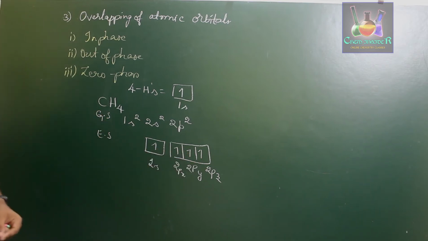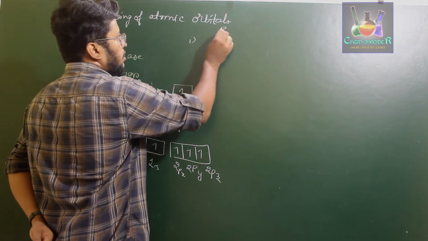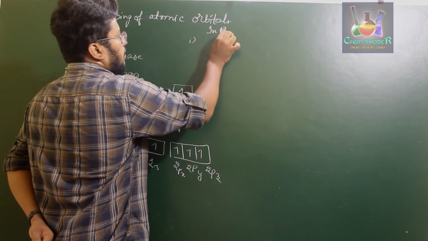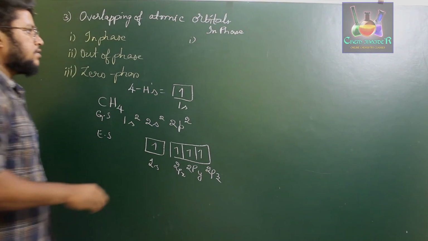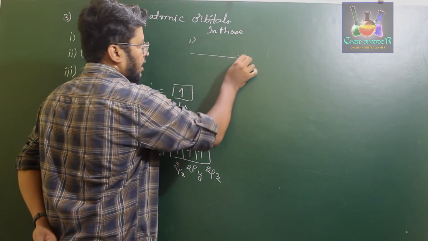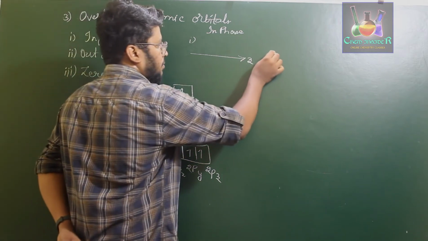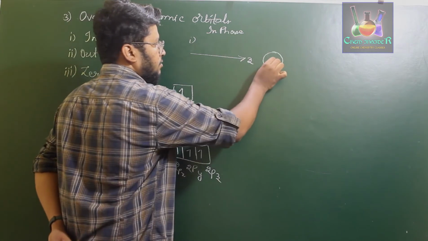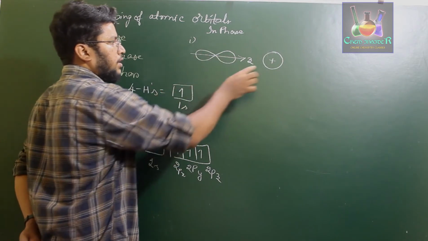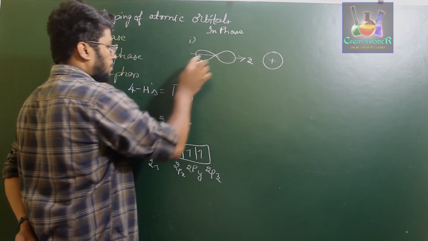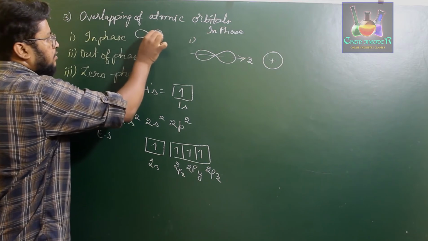In the first case, consider in-phase overlapping. Considering this as the z-axis, this will be the s orbital of hydrogen, and since it is in phase, what we have to observe is the positive of the s orbital and the positive of the p orbital. The p orbital has a positive sign and a negative sign.